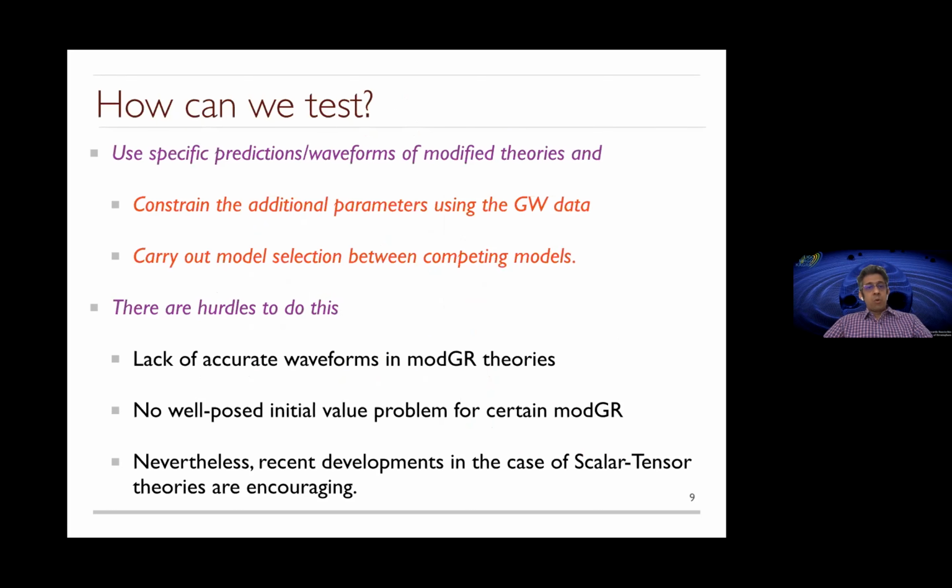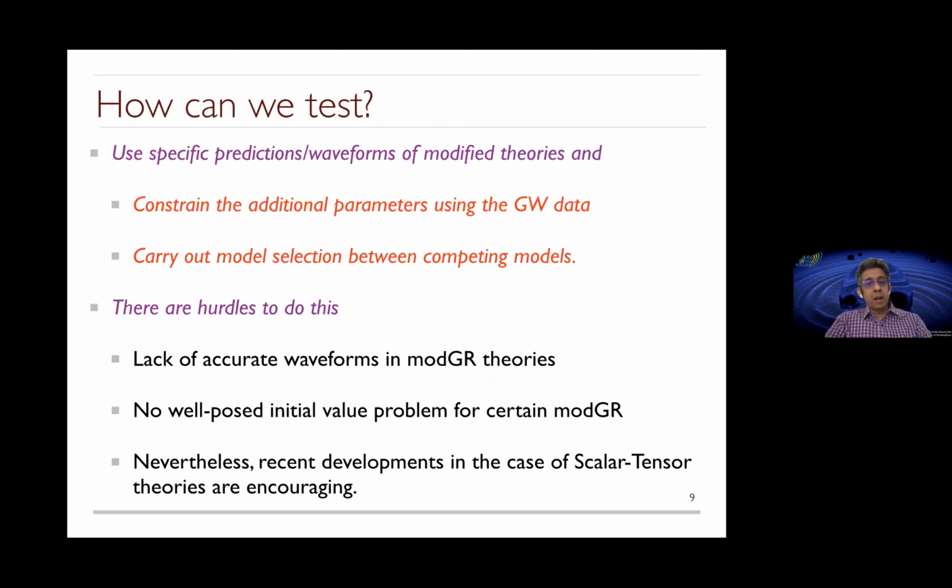Okay, now let's ask how we can test in general. The ideal thing is that if you have specific waveforms, so the predictions from these modified theories of gravity, then it's very simple, simple in terms of formulation. There will be additional free parameters which represent these additional physical effects in the modified theories.